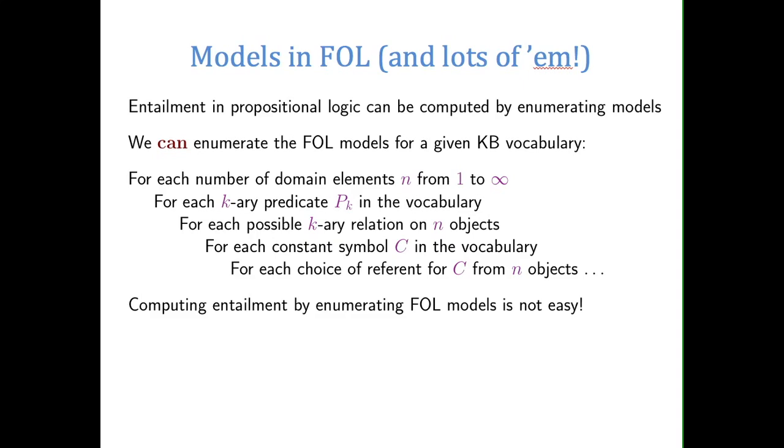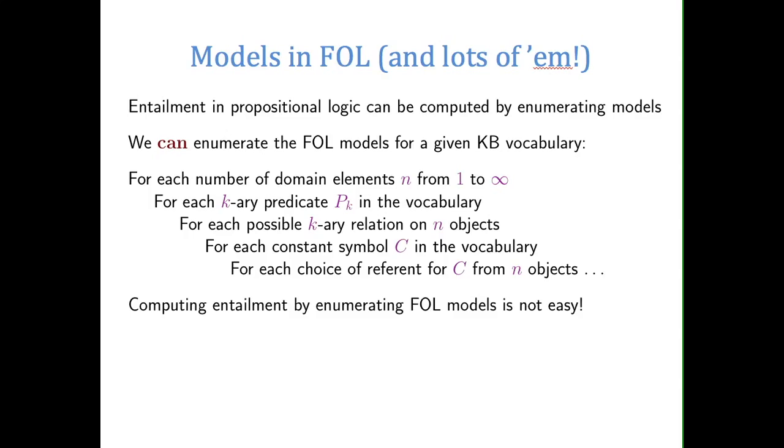But in first-order logic, because we have variables, these variables can take on basically an arbitrary number of values. So if we have a knowledge base, we can figure out how many first-order logic models there might be.